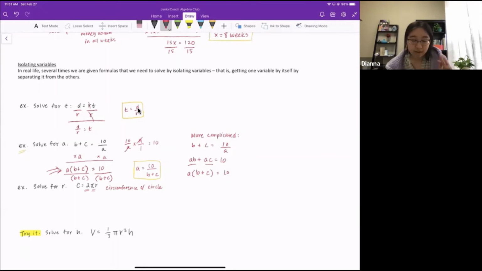So essentially we have like 6 point something times r. I can divide both sides by 2 pi to get c over 2 pi equals r. It's as simple as that. So r equals c over 2 pi.